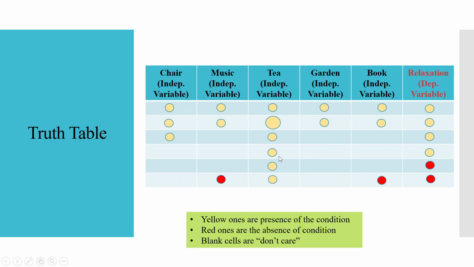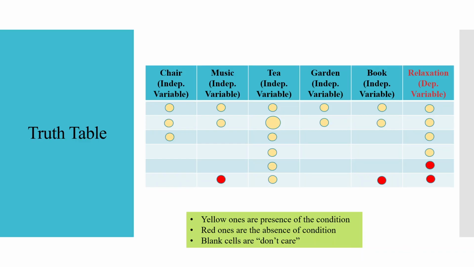I'm using the word combination. For some cases, only tea is required for the relaxation. In some cases, the absence of music and absence of book leads to the absence of relaxation. So the yellow ones are the presence of the condition, the red ones are the absence of the conditions. Black cells, that is the cells which are blank, are don't care.